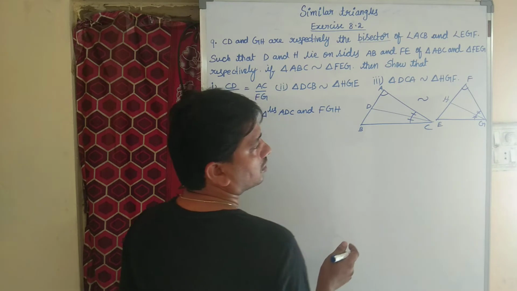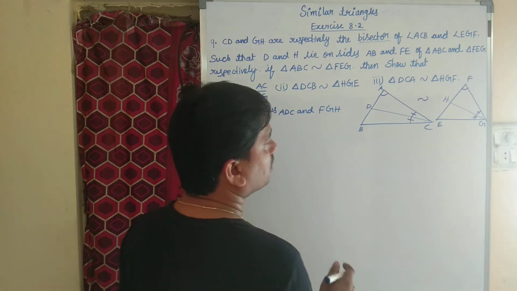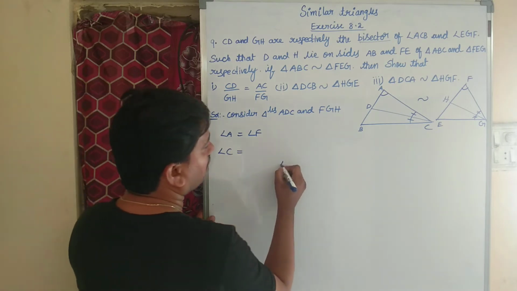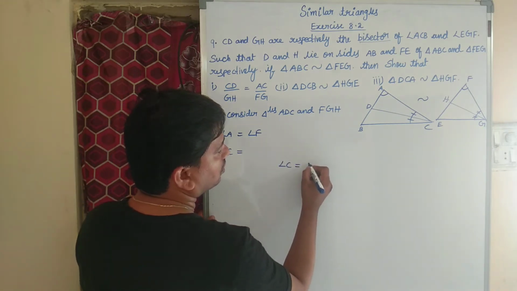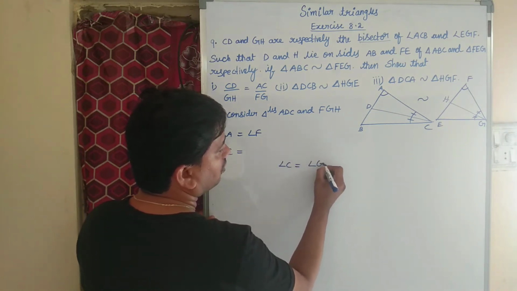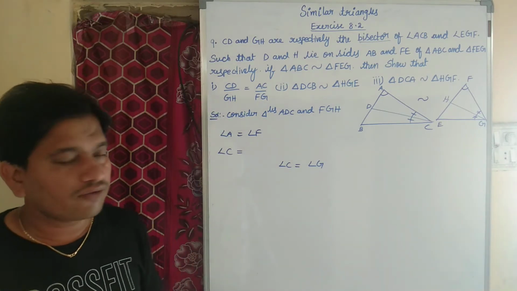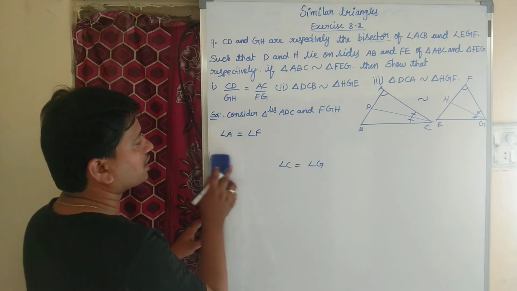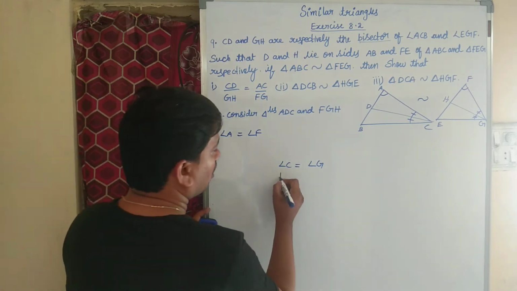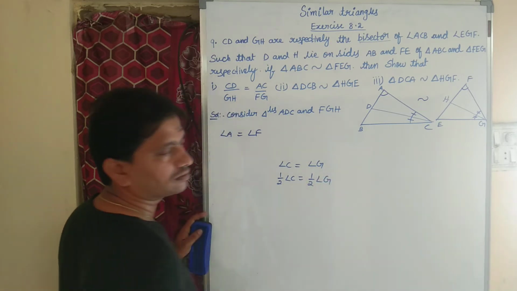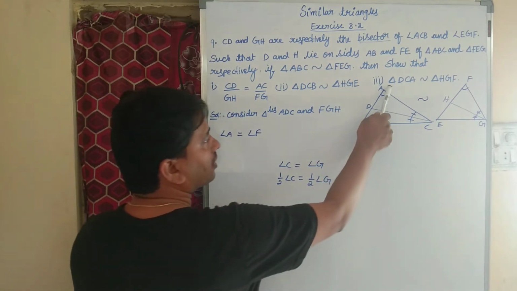Also we know that angle C equal to angle G. Let us divide it by 2 on both sides. Half of angle C equal to half of angle G. What is half of angle C?